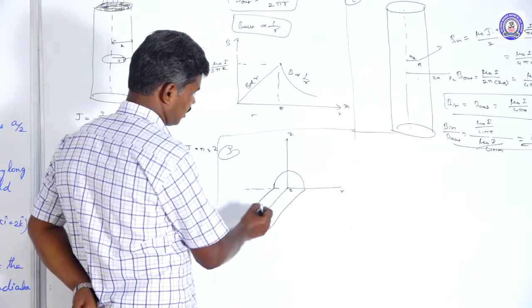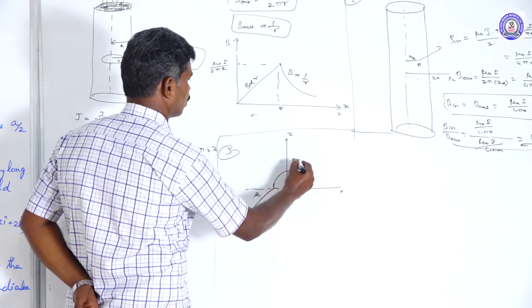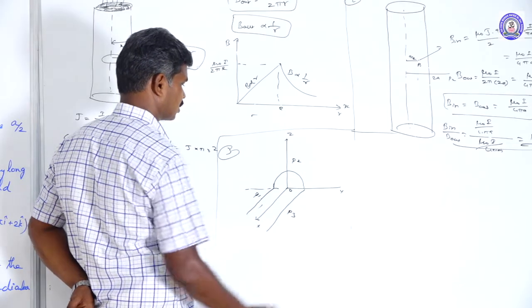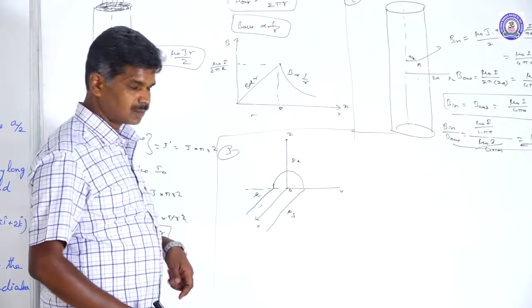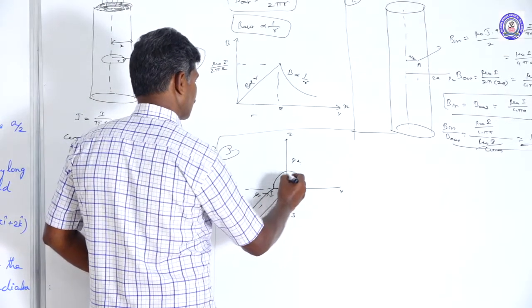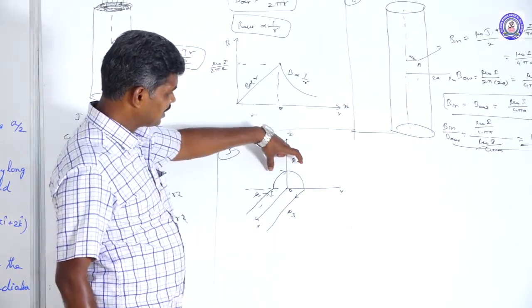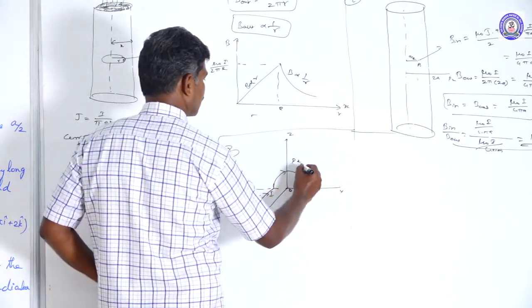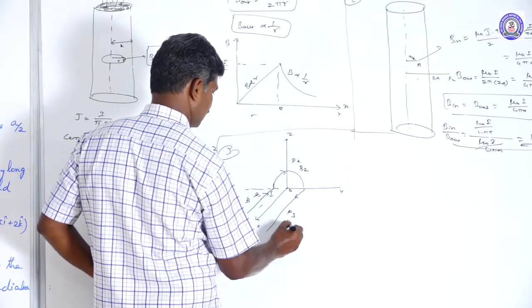We consider part 1, part 2, part 3. Part 1 and part 3 are along the x-axis, and we are passing a current like that. The semicircular part produces a magnetic field B2, and the linear parts produce B1 and B3.